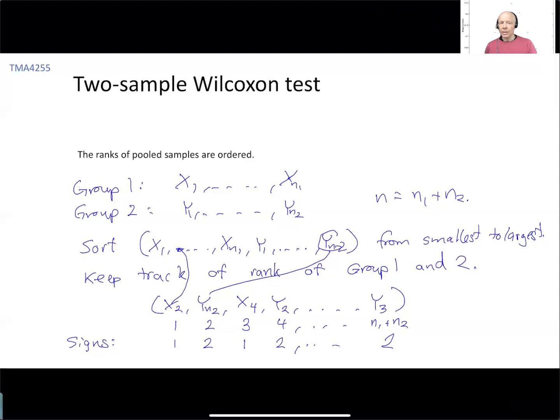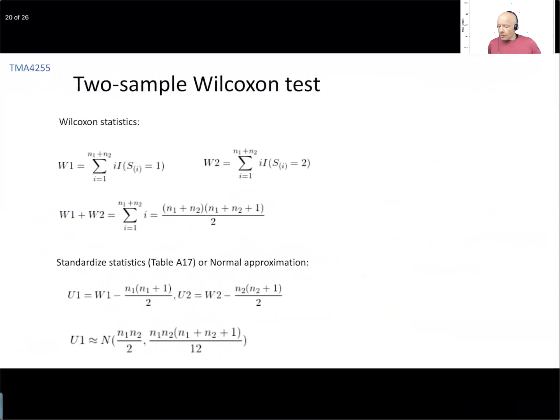That's the idea of the Wilcoxon 2 sample statistic. And it's based on a similar expression as in the usual single sample Wilcoxon test, except now we don't keep track of plus and minus, we keep track of groups 1 or 2.